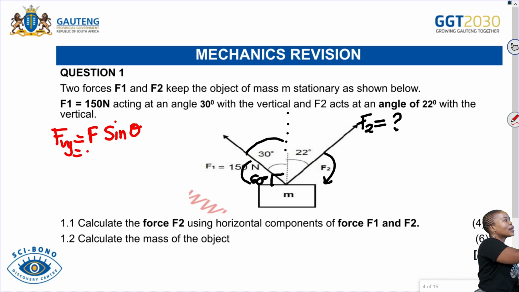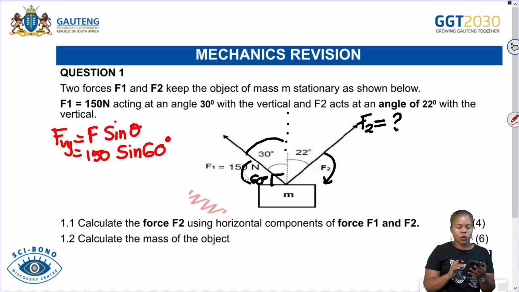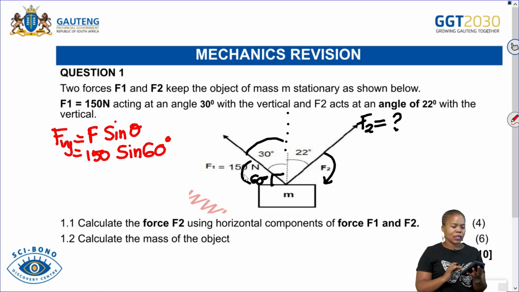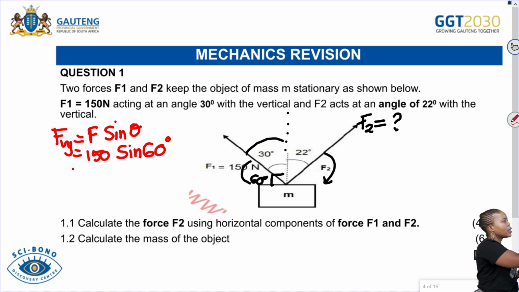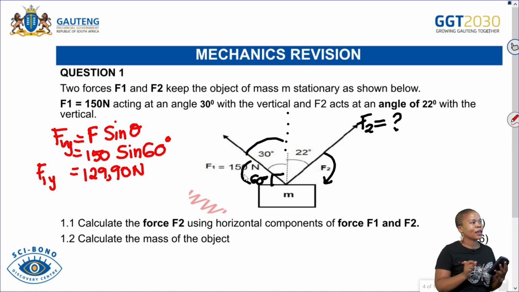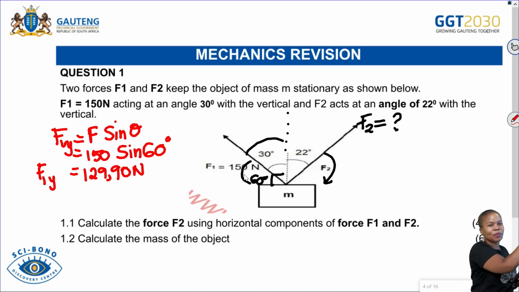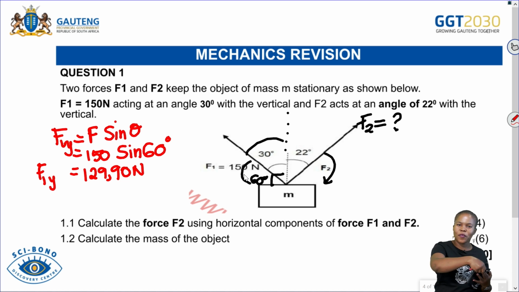I've got 150 sine of 60 degrees. So you put that into your calculator. What is 150 sine of 60 degrees? It's going to give me 129.90 newtons. So that is your F1y for this side. Hence, I've written it on the side for F1.